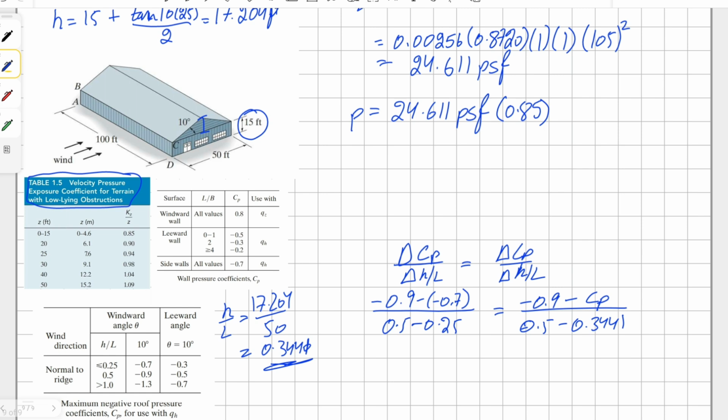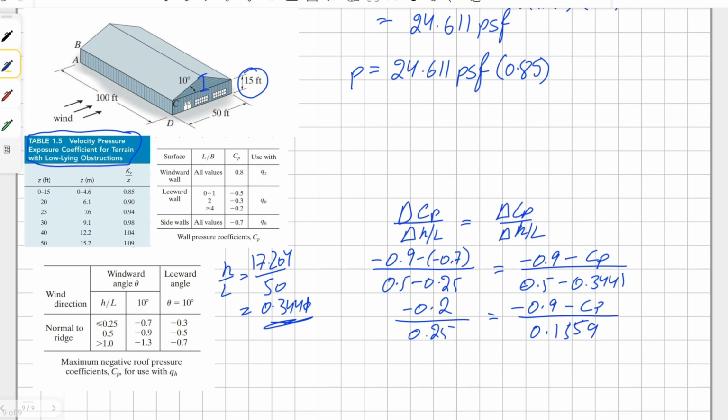Let's simplify first of all. This becomes negative 0.2 divided by 0.25 equals negative 0.9 take away roof pressure coefficient divided by 0.5 take away 0.3441, and this comes up to 0.1559.